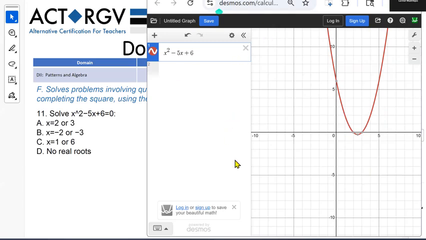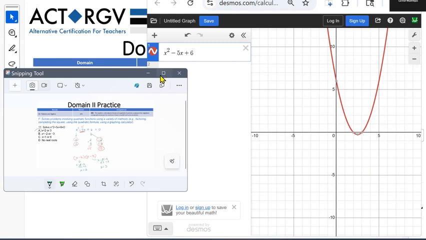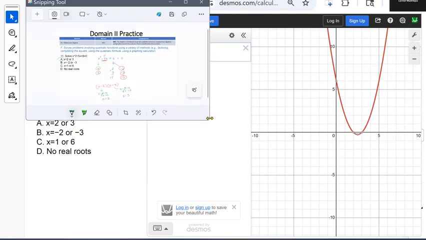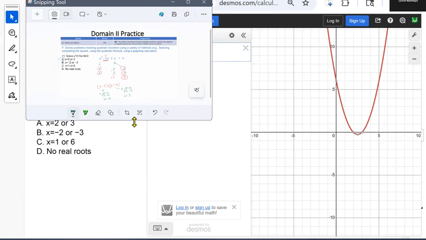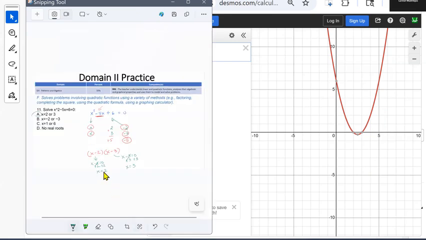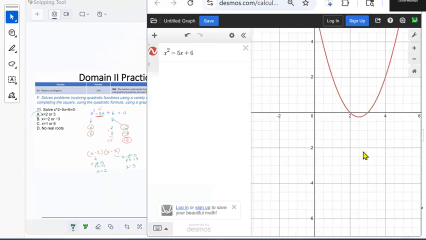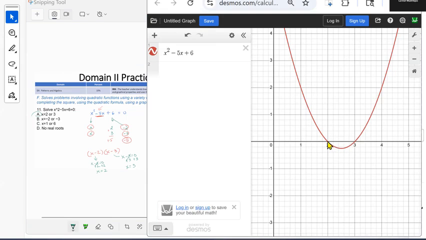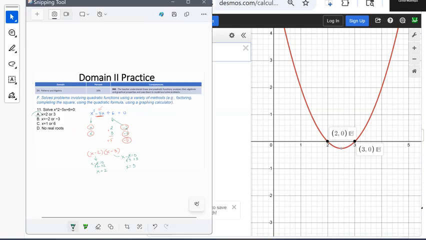Earlier, we solved the problem: x equals 2, and x equals 3. In the graph, it's telling us the roots are the intersections on the x-axis. X is 2, x is 3. That's the easiest way. If you graph it in the calculator, you will find the intersection, then that's the value. X is 2 and x is 3. All right, that's the easiest way.